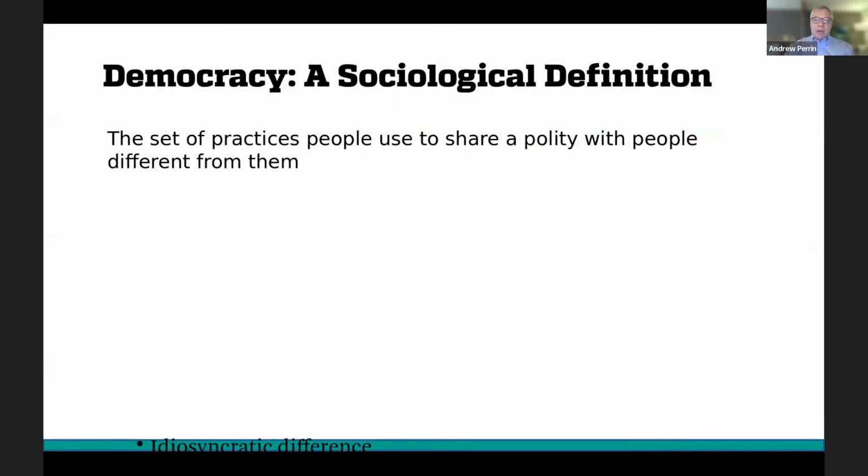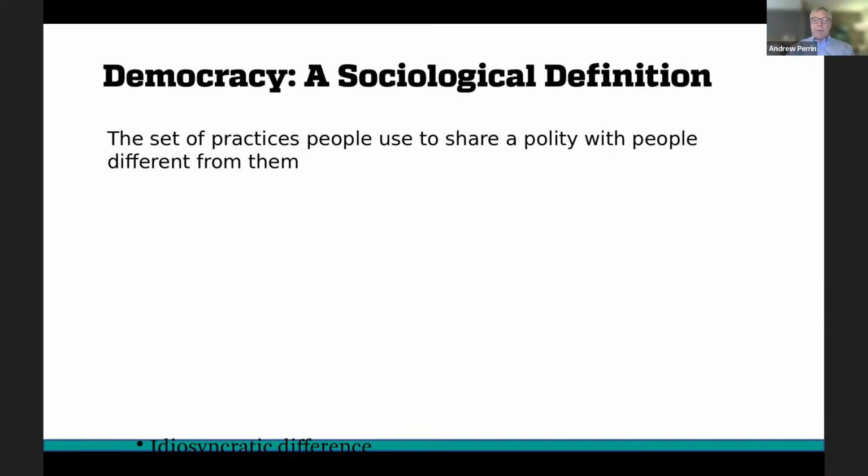So I want to start by saying I am a cultural sociologist of democracy. That's how I think about my work, and I use a large set of different kinds of tools in my sociological research. But when I think about the question of what democracy is and how we ought to study it sociologically, one of the important points that I try to make is that democracy should not be understood as essentially a set of technical or legal processes.